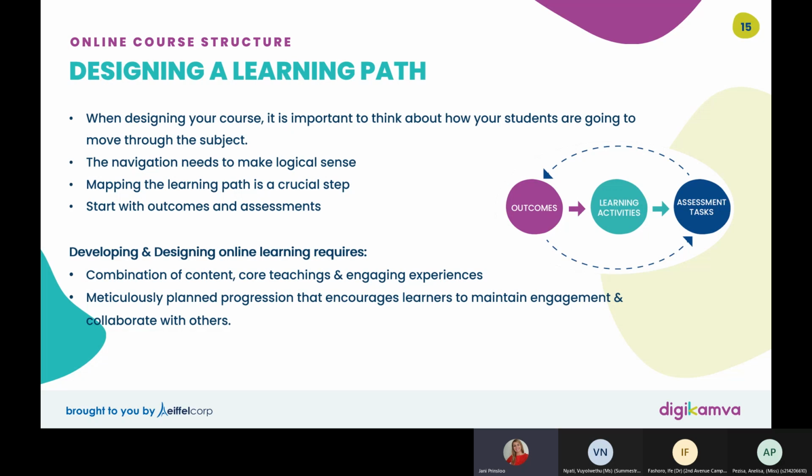If your students can see the plan for the semester, the course will be divided into so many units. This will be the outcomes per unit. This will be your assessments for the units. This will be your instructional materials, which can be videos or readings. And this will be your engagement opportunities, learning activities like discussions.